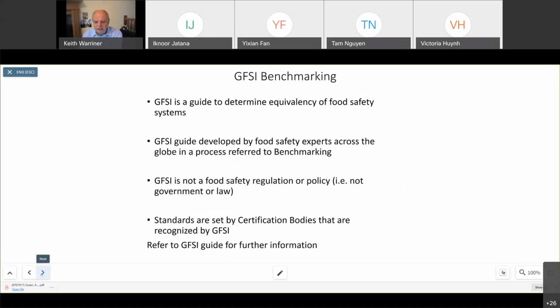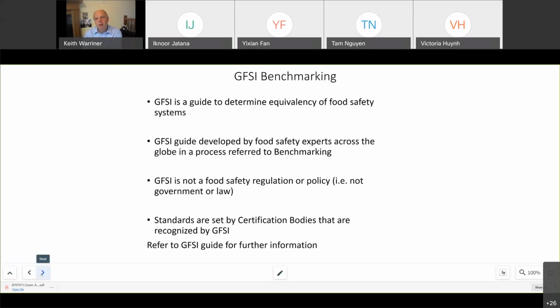So the thing to remember about GFSI is that it's not a regulatory body. It's not even really a standard. They're a group of so-called experts that sit round for a given commodity, and they say, well, if you're producing baked bread, these are the categories you need to consider: GMP, traceability, facility design. This body issues documents.